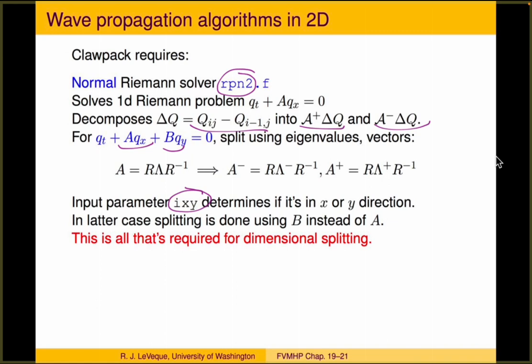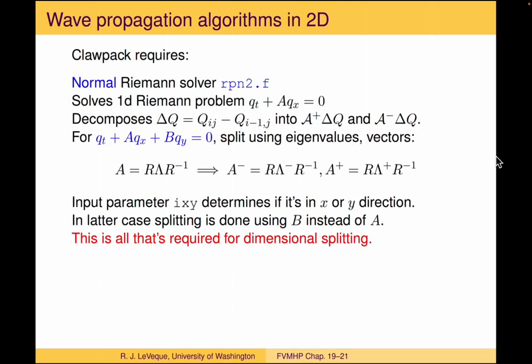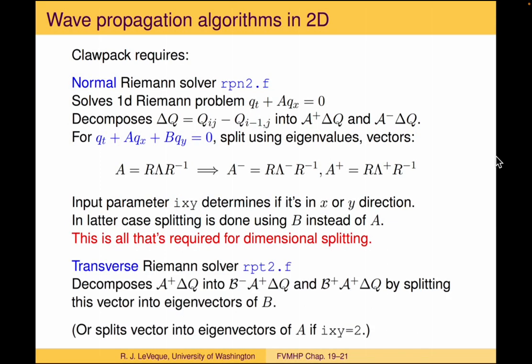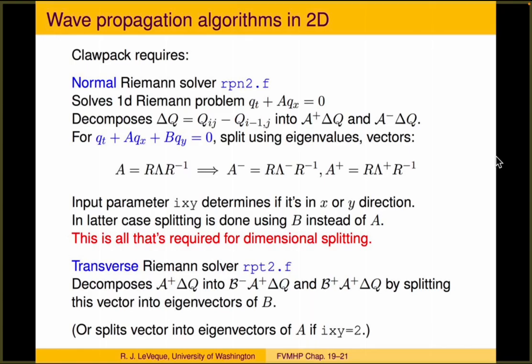If you want to use these more complicated wave propagation methods that also take into account the transverse solvers, then there's a second Riemann solver for your problem, called the Transverse Riemann solver, RPT2. What it does is take the output from RPN2, so either A plus delta Q or A minus delta Q or B plus delta Q or B minus delta Q, takes one of those fluctuations and splits it up in the transverse, orthogonal direction.